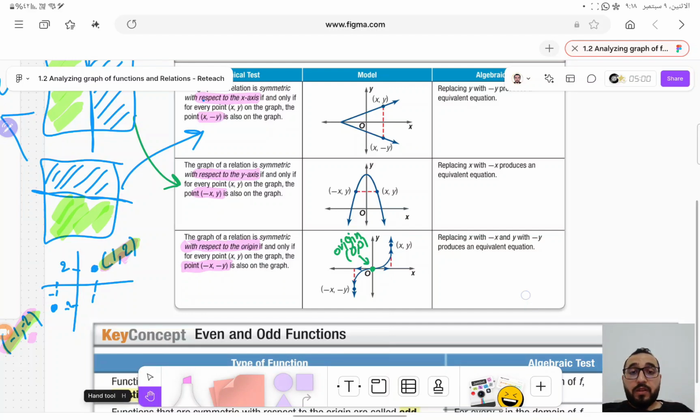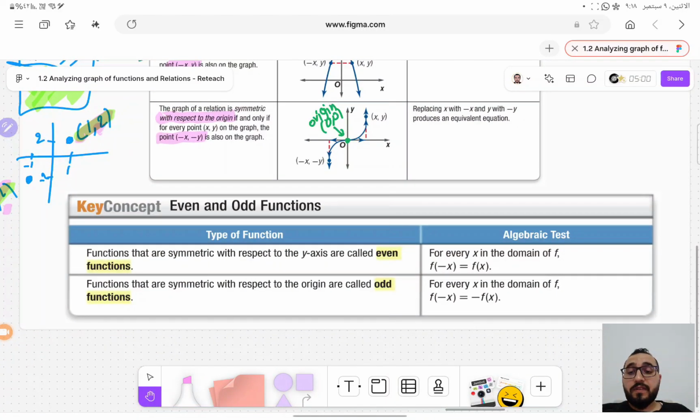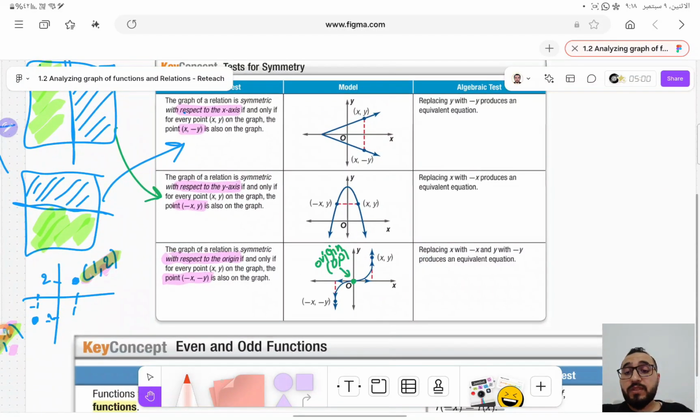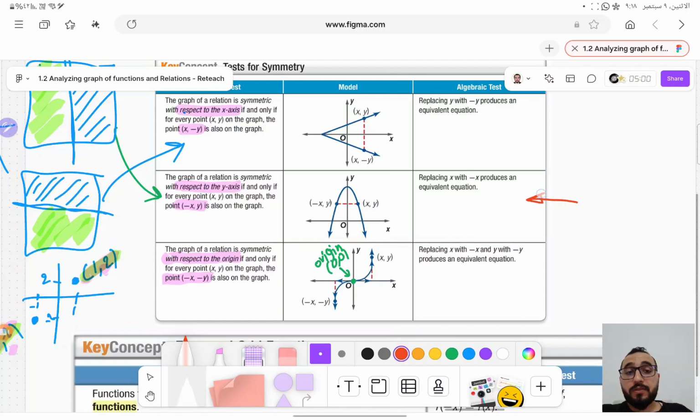Now let's go down to odd and even functions. How can we know if a function is even or odd? Let's read here. Functions that are symmetric with respect to the y-axis are called even functions. Respect to the y-axis means this situation here, so this should be an even function.